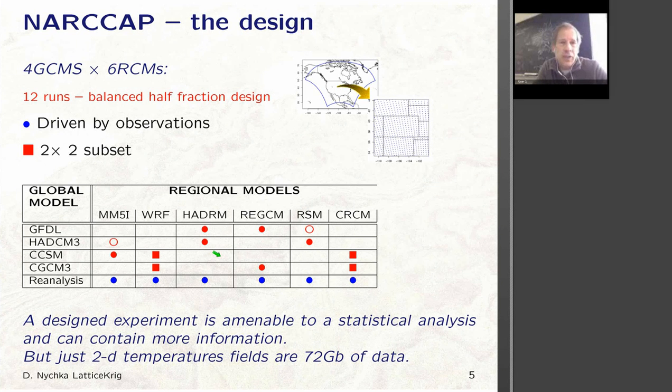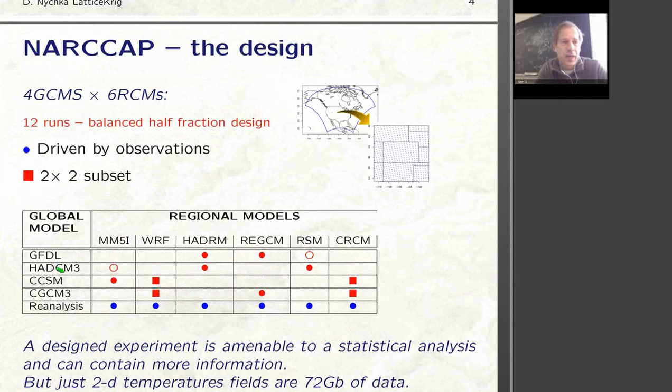To my knowledge, this is one of the few cases where a deliberate factorial design has been done on such a large computational effort. I'm going to talk about these red boxes here. So within this, we have a full 2x2 factorial of 2 global models, these 2 guys here, and 2 regional models.